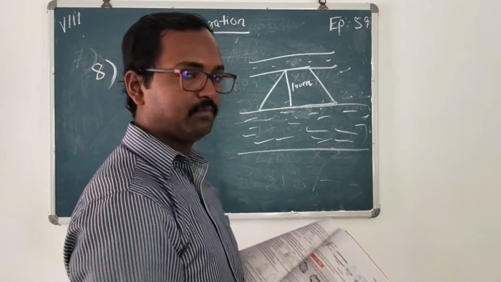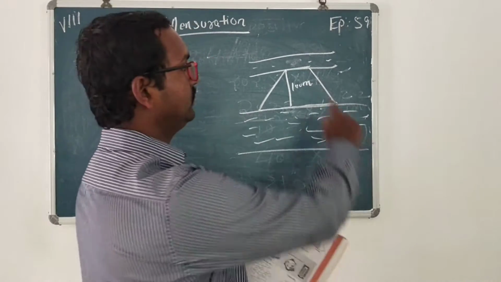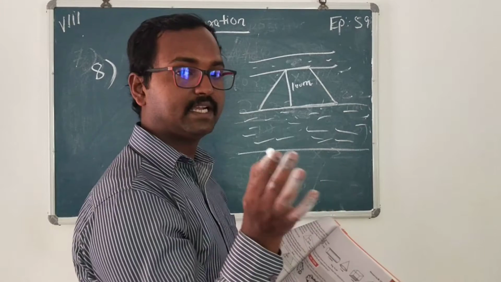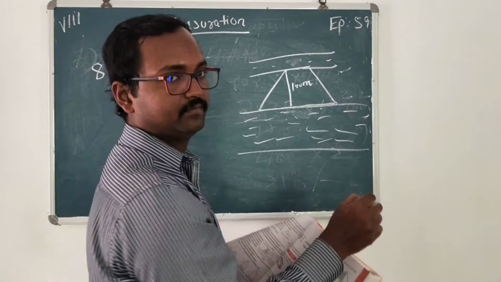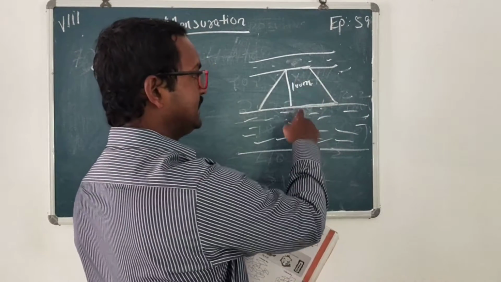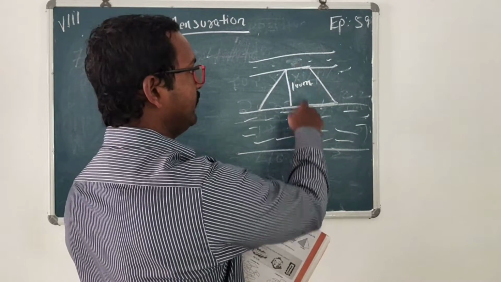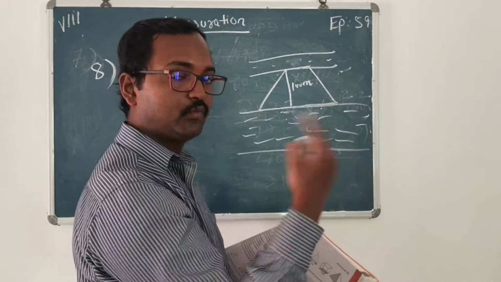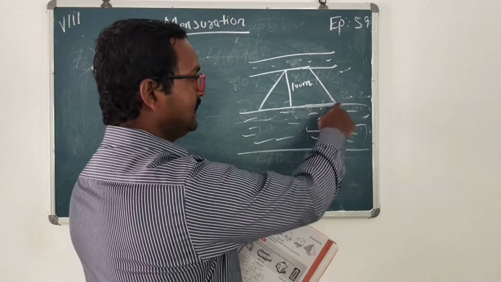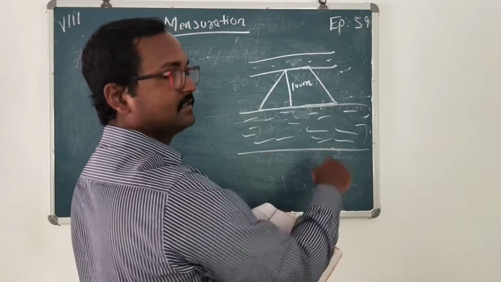Okay. So what I am going to do is, because we do not know this side and this side, but there is a connection between them. Yes. If it is 5, this is 10. If it is 20, it is 40. If it is 50, it is 100. This side is twice compared to this side.